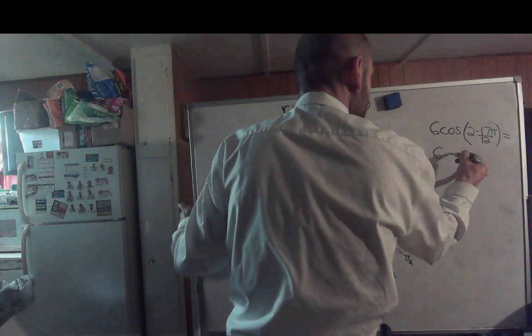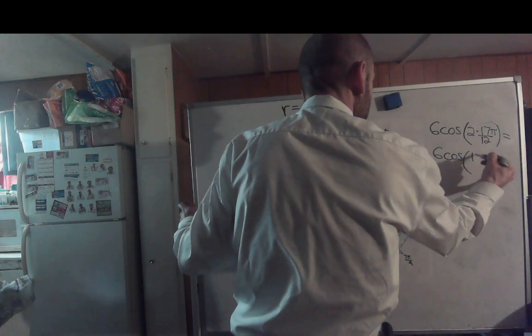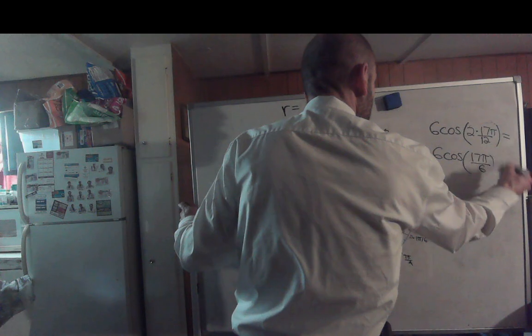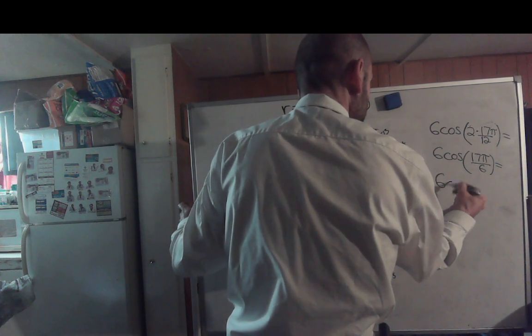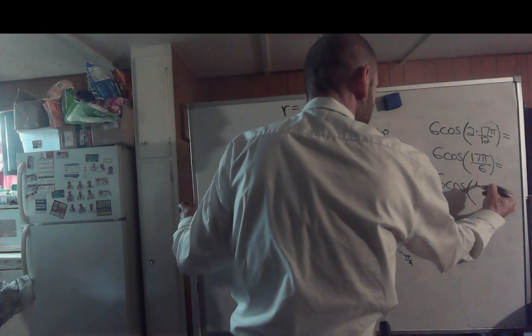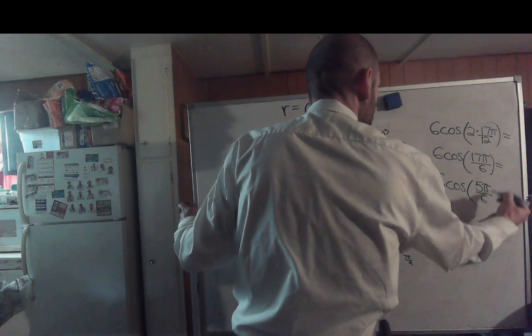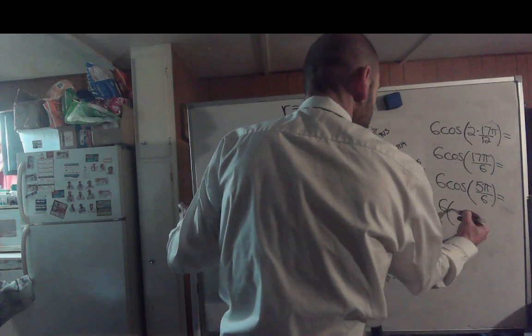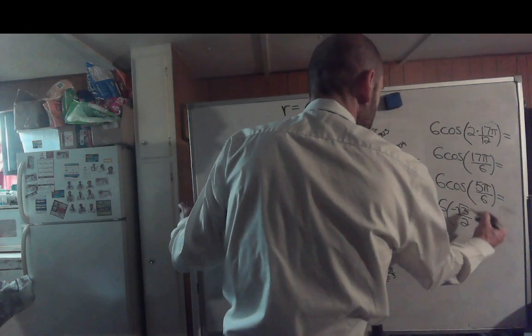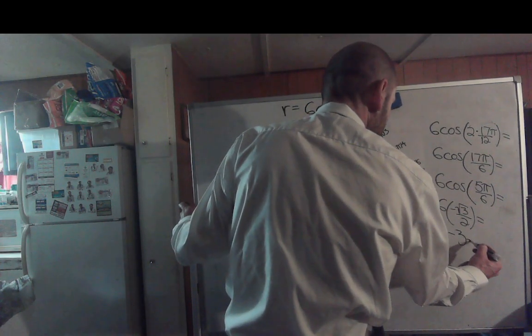Next we're going to be at 17 pi over 12. So 2 times 17 pi over 12, well, that would end up giving us the same thing as 6 times the cosine of 17 pi over 6, which is going to be the same thing as 6 times the cosine of 5 pi over 6, which would be 6 times negative square root of 3 over 2, which would be negative 3 times the square root of 3.